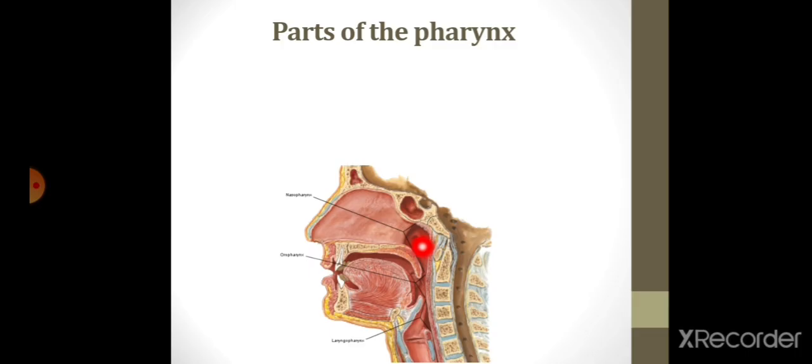This fibromuscular tube extends from the base of the skull to the 6th cervical vertebra. It is located posterior to the nasal cavity, oral cavity, and larynx, so it can be divided into 3 parts according to their location. Nasopharynx located posterior to the nasal cavity.